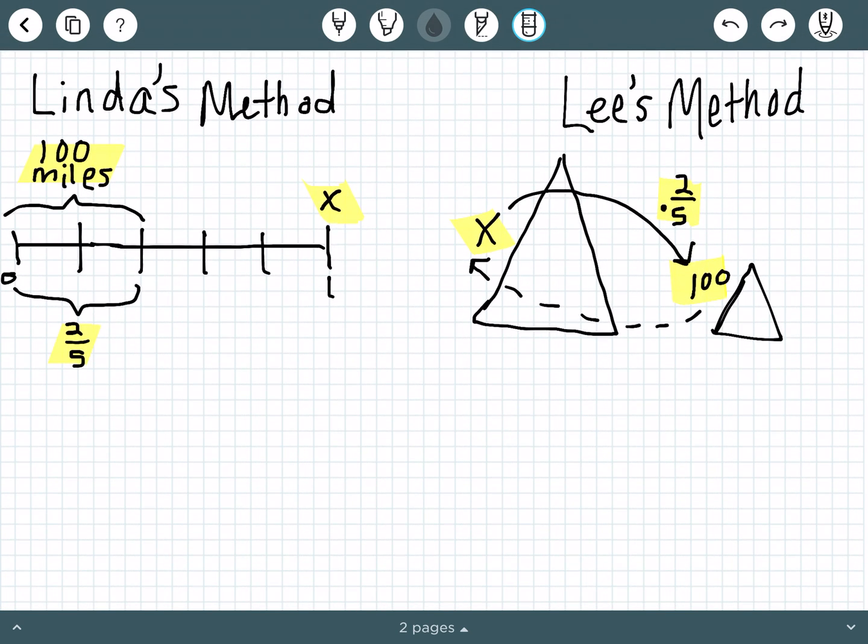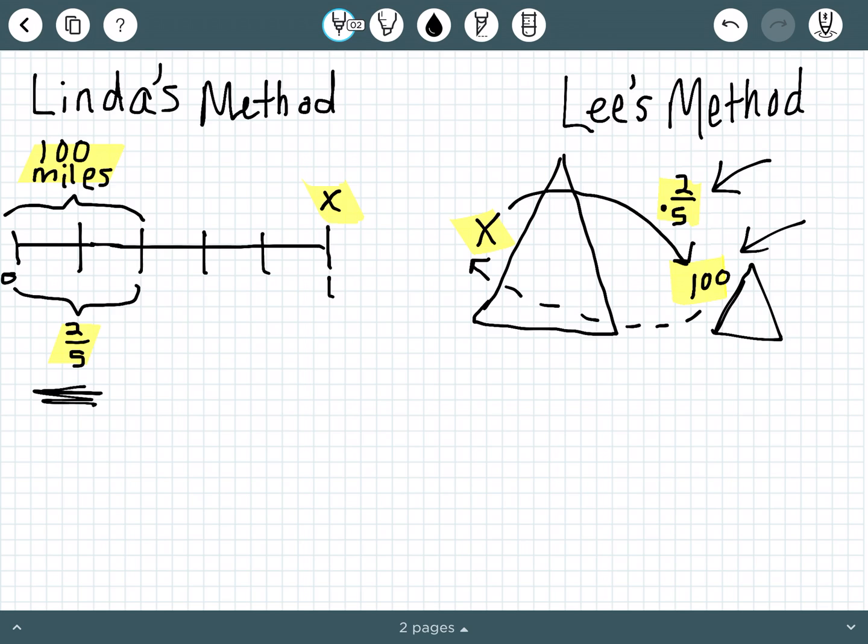And we know that if we take a look at Linda's method, we can see that they have traveled 100 miles, but that is only 2/5 of the trip. We can also see that in Lee's method, that we have gone 2/5 of the trip, which is only 100 miles.